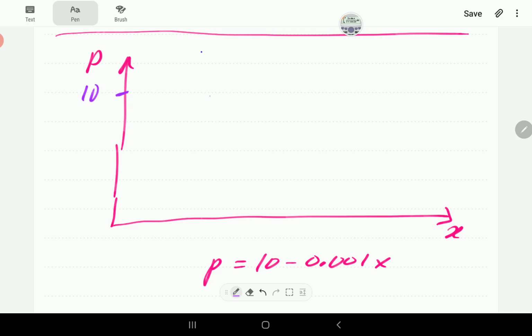So if the unit price is 10, then the number of units is 0. If the unit price is 0, if you put 0 here and solve for x, you are going to get 10,000 this side, and then it's a straight line.